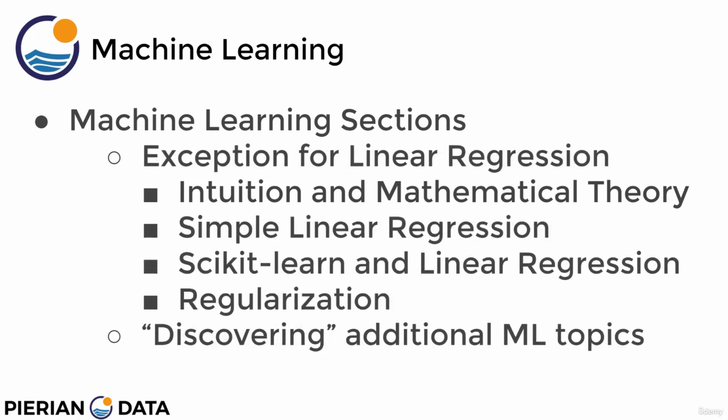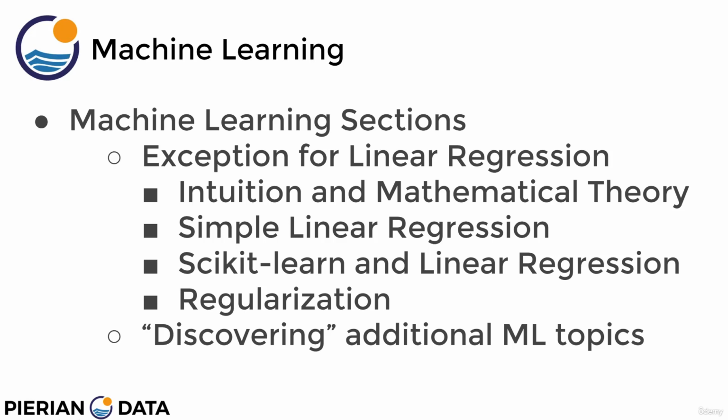The only exception to this workflow is the linear regression section, which is the very first section we introduce for machine learning. Because it's the very first section, we take advantage of that and have you slowly discover various ideas within machine learning. When you start learning about linear regression, we'll give you a very simple intuition and mathematical theory understanding behind it, and we'll perform a simple linear regression.